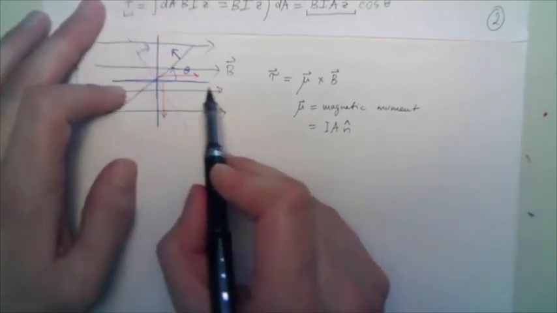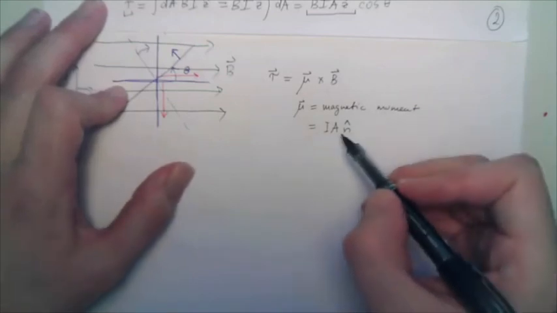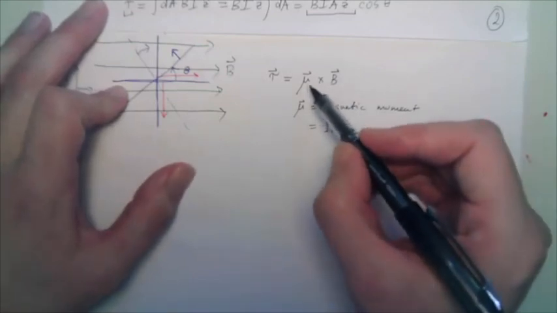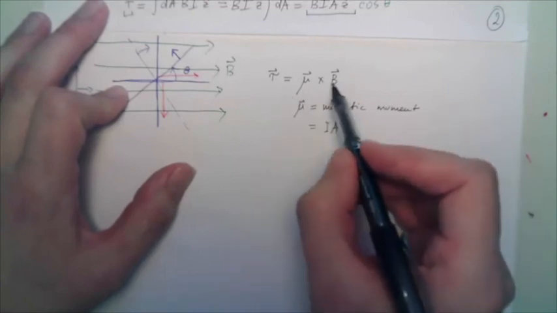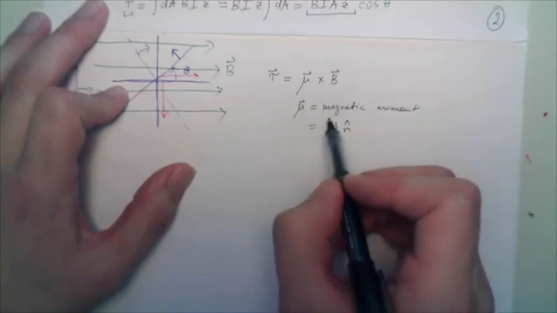So the surface is the thing that carries this current, and this torque causes the moment to point in the direction of the magnetic field.